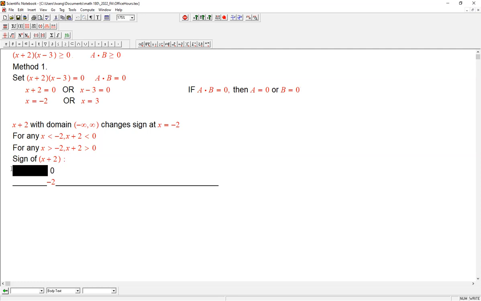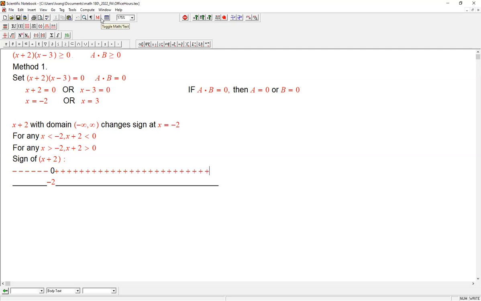When X is less than negative 2, X plus 2 assumes a negative sign. When X is larger than negative 2, if we pick any point, X plus 2 is going to be positive.